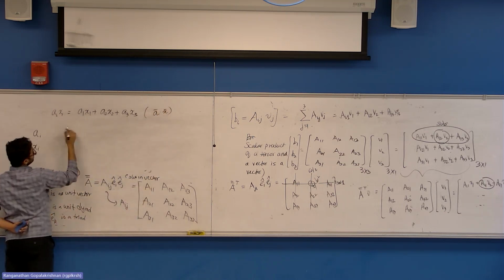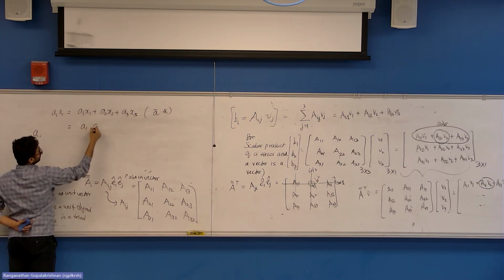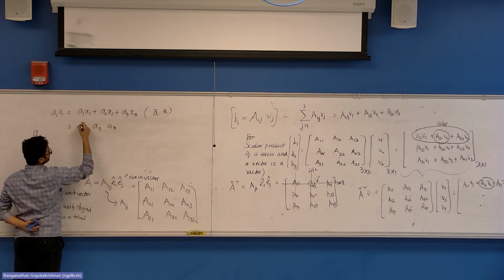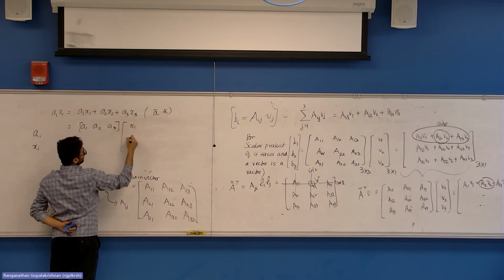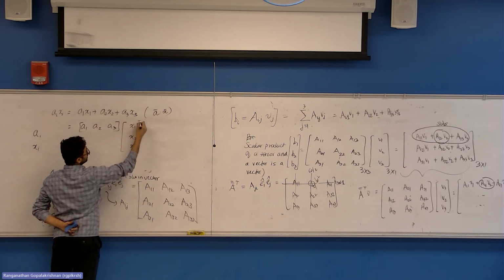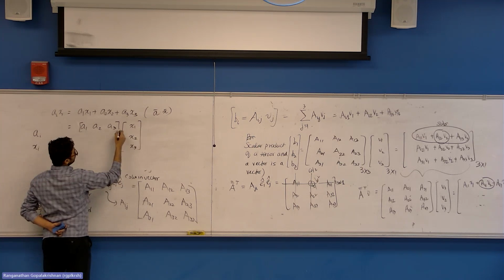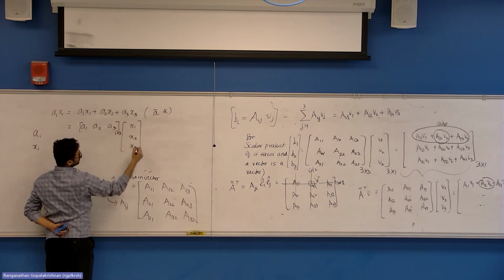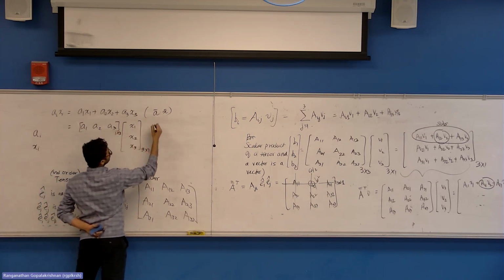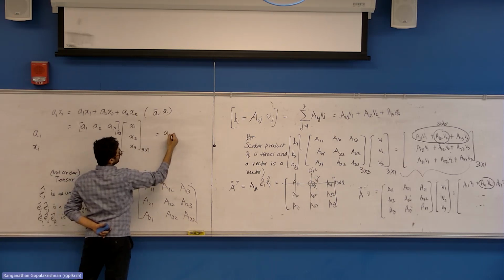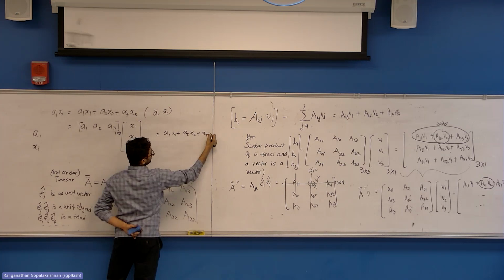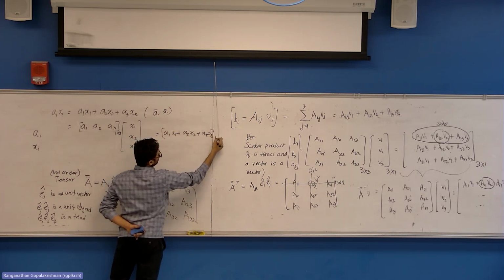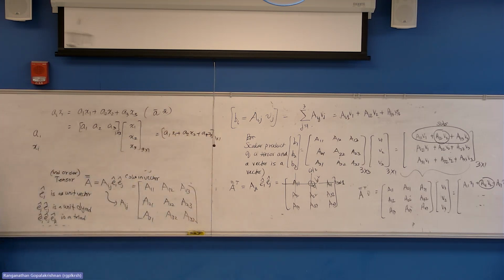You can write this as the row vector A1, A2, A3 multiplied by x1, x2, x3. So this is 1 by 3, 3 by 1, which gives you A1 x1 plus A2 x2 plus A3 x3, which is nothing but 1 by 1. That's clear.